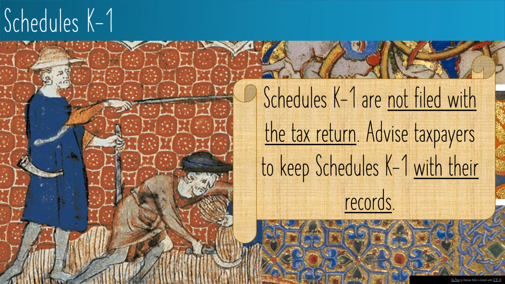So unlike the W-2s or the 1099-Rs or other 1099s, the Schedule K-1s are not filed with the tax return. So the IRS wouldn't be expecting to get a copy of the K-1 with the taxpayer's return.